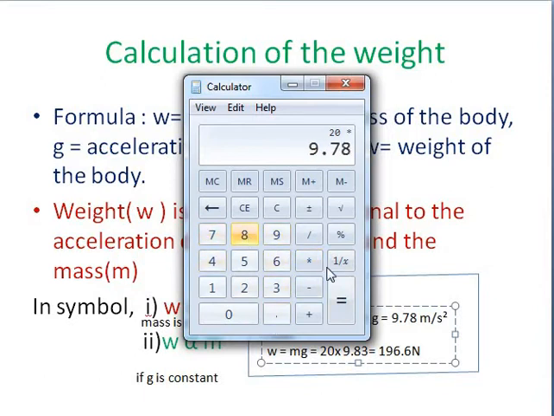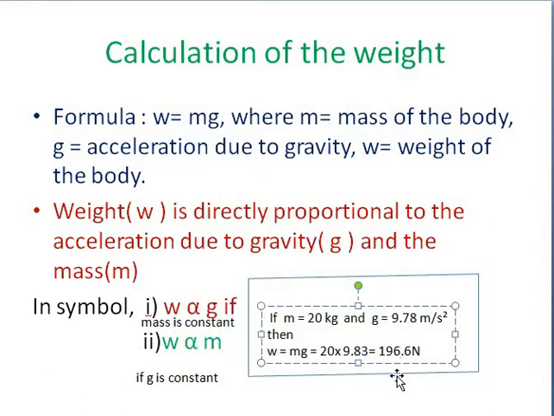The value of g at equator is 9.78. Use a calculator to find the other value. So 20 times 9.78 is 195.6 newton.